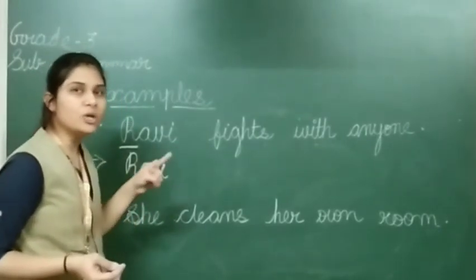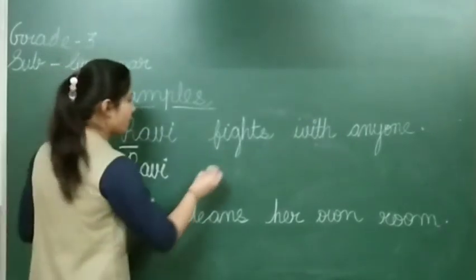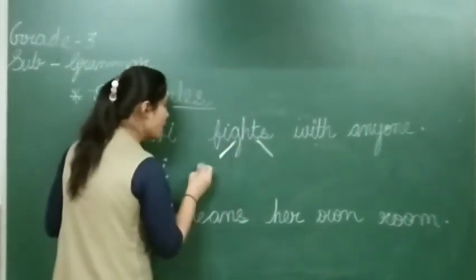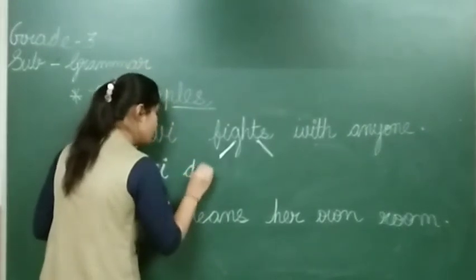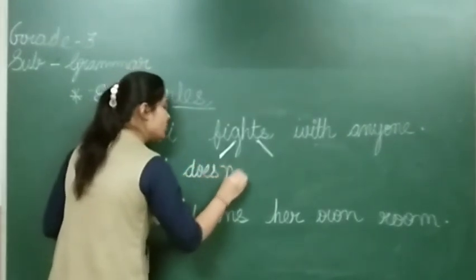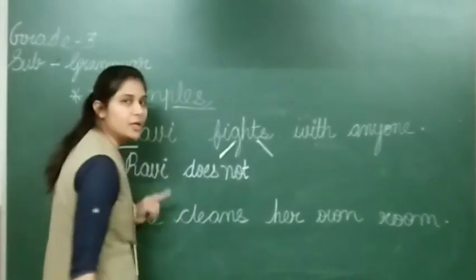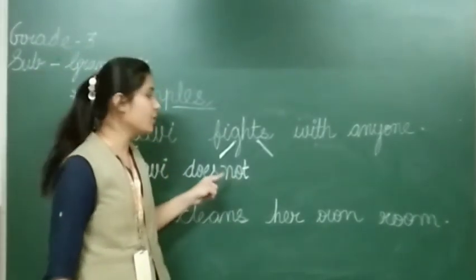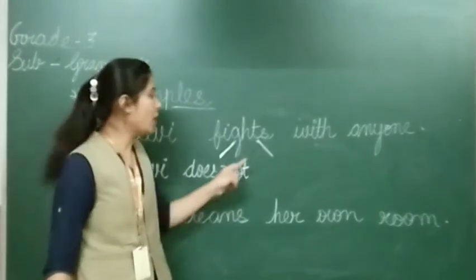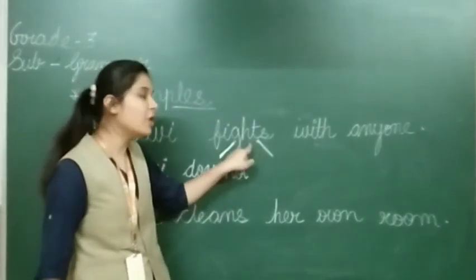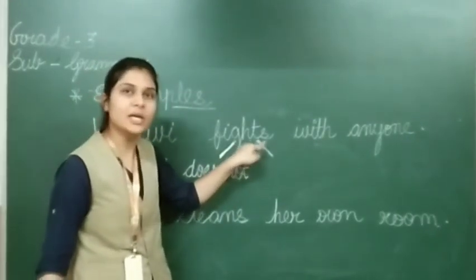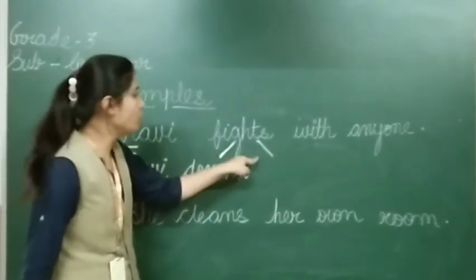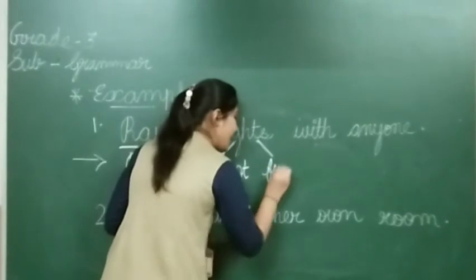Writing D-O-E-S, does. अब जो ये fights का है, here we have to write does as well as not for making it negative, right? As I told you while showing that rule, we have to write the verb also. हमको ये verb भी लिखना है. So here अभी यहाँ पे fights है. What will we write here? Fights.